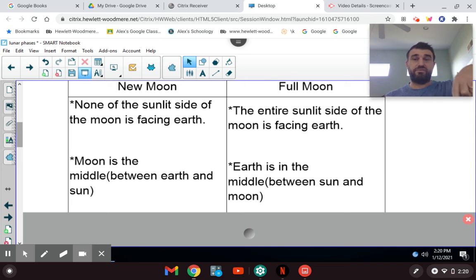Sometimes something could be in front of you and then 12 hours later behind you, depending on your perspective. So I'm just trying to give you words to avoid. Say middle or between. Try to avoid saying in front or behind when you deal with location or position of things in space. So the new moon is in the middle. Full moon, Earth is in the middle.